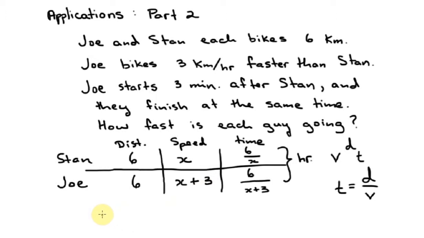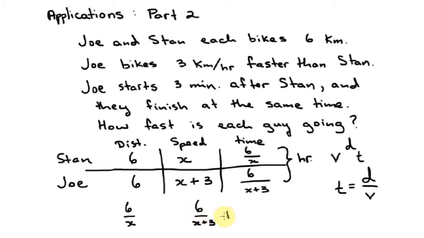So let's just see, we can probably squeeze our equation down here. Here's Stan's time, so there's the amount of time that Stan is on the bike. And here's the amount of time that Joe is on the bike. Now we know that Joe is a little bit faster, right? He started 3 minutes after Stan. So this is actually the smaller amount of time.